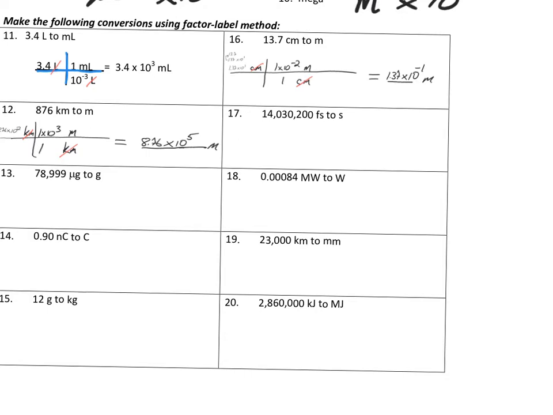So you have 14,030,200 femtoseconds. You want to convert these into seconds. So what I would do is I would say 1.40302000, and I would say 1, 2, 3, 4, 5, 6, 7, times 10 to the 7th power femtoseconds.